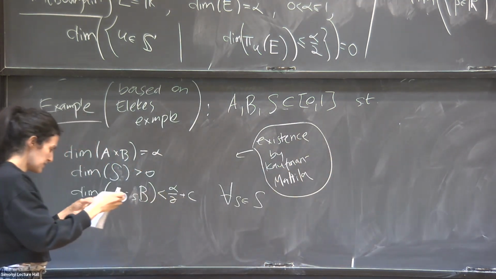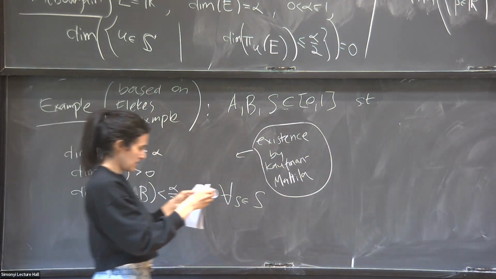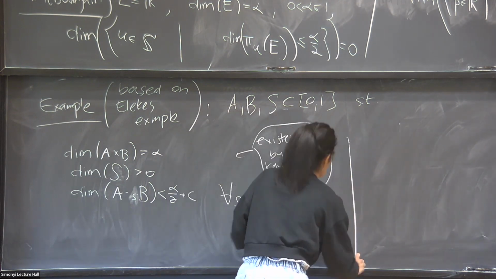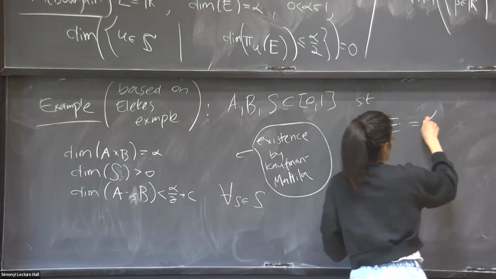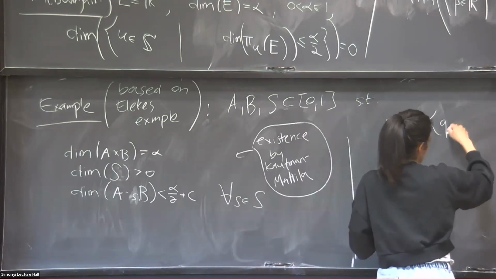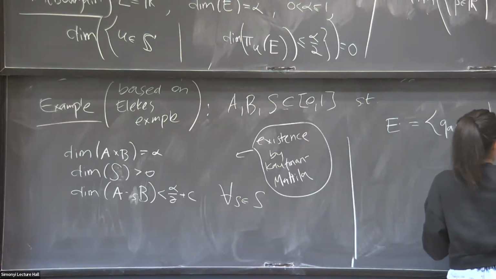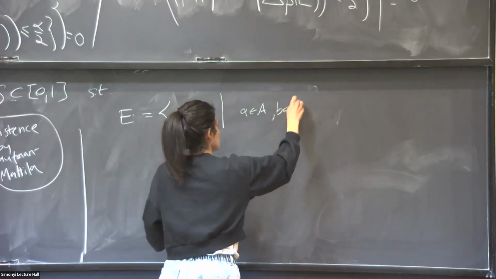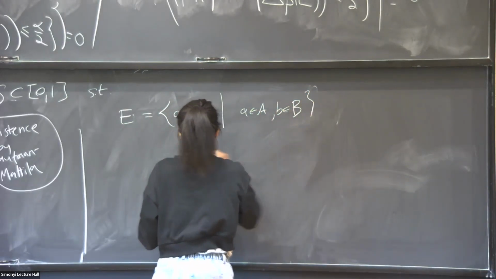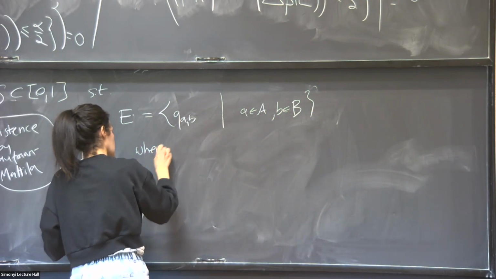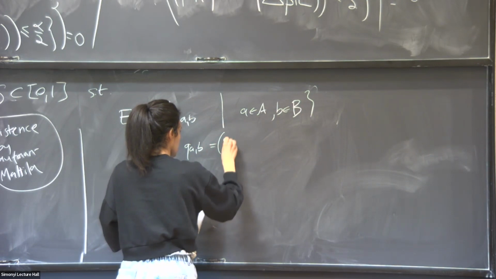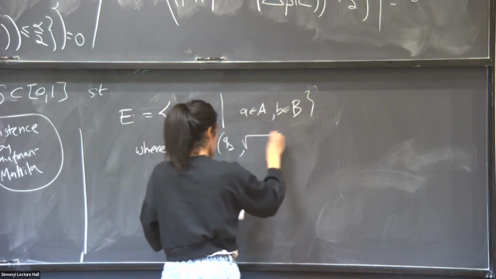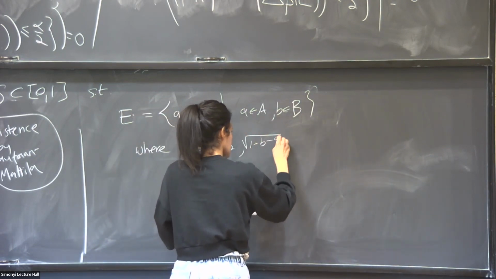Okay, and then if we take now our set E, the set of points Q_{a,b}, I'm going to say what Q_{a,b} is, for a in A and b in B, where Q_{a,b} is just a over 2, and then 1 plus b minus a squared over 4.